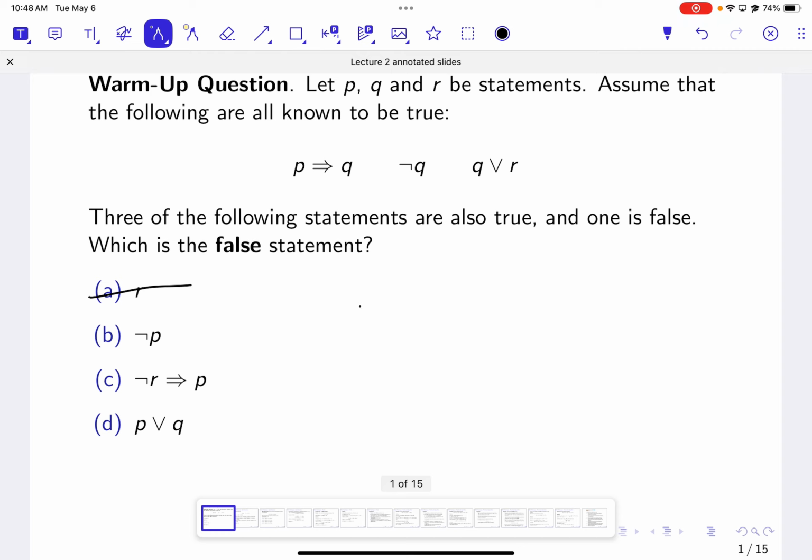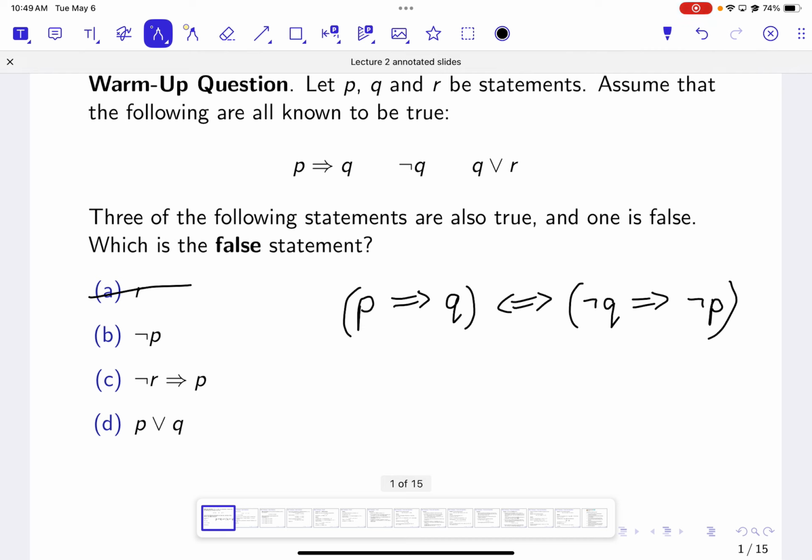So for any statements P and Q, the implication, if P then Q, is logically equivalent to if not Q, then not P. Be very careful with this.